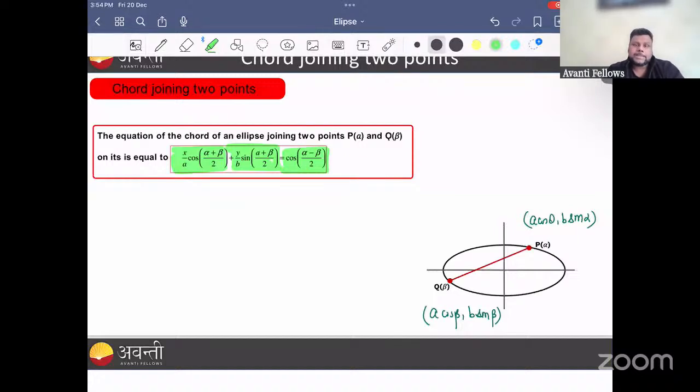Got it? So this is what you have to remember.